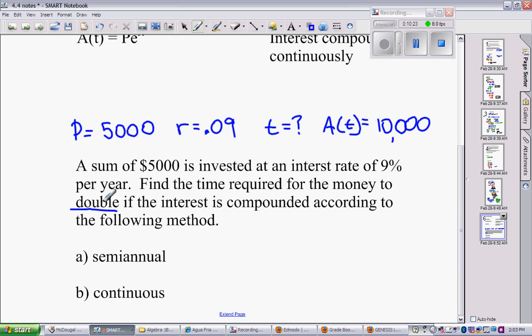If we're compounding semi-annually, that means n equals 2, and we use the formula P times 1 plus r over n to the nt.